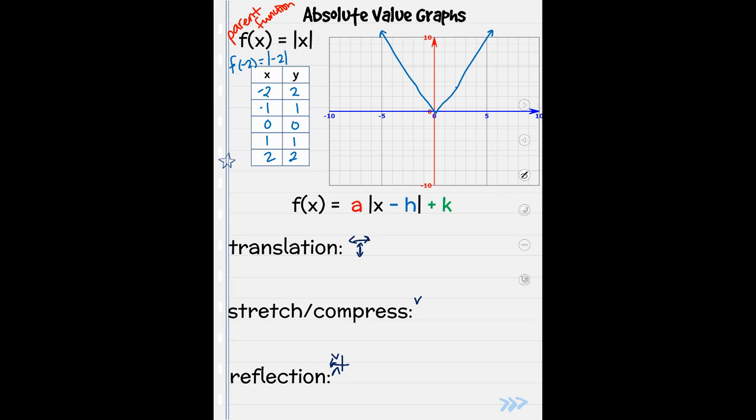The part that is telling us to move left or right is my inside number of h. So this is left to right. And this is the one that is closest to your x. Remember, when you're inside by your x, it always lies.